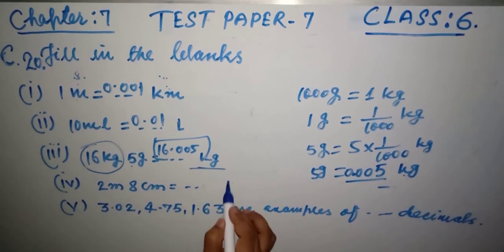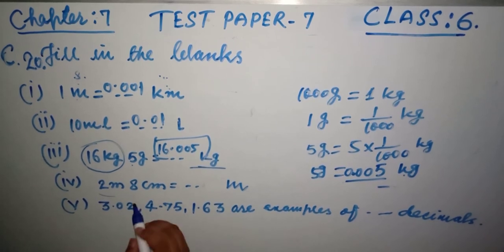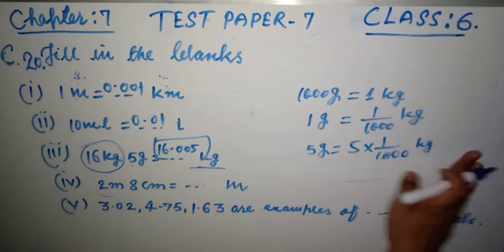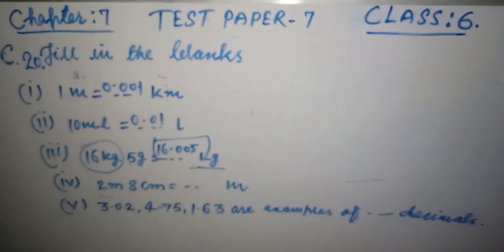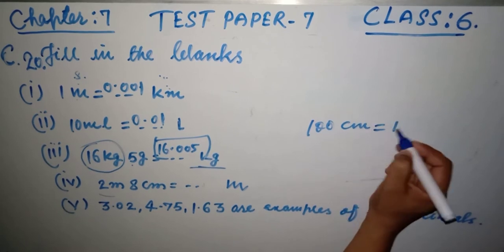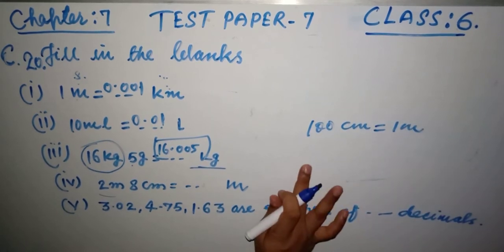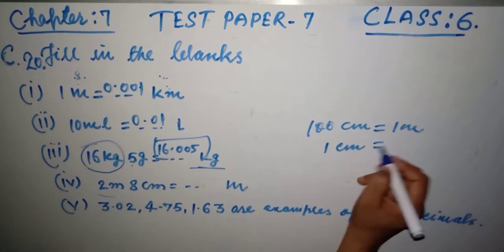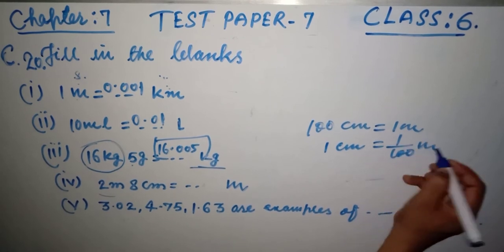Okay. Now similarly friends, 2 meter and 8 centimeter is equal to dash meter. We have to change into meter. So this is already meter, there is no change in m, and then we will change here 8 centimeter. Now know the relation between meter and centimeter, 1 meter is equal to 100 centimeters. So therefore 1 centimeter is equal to 1 by 100 meter.